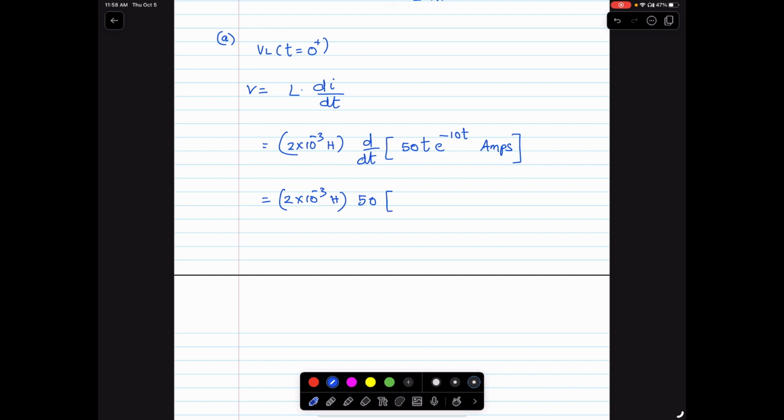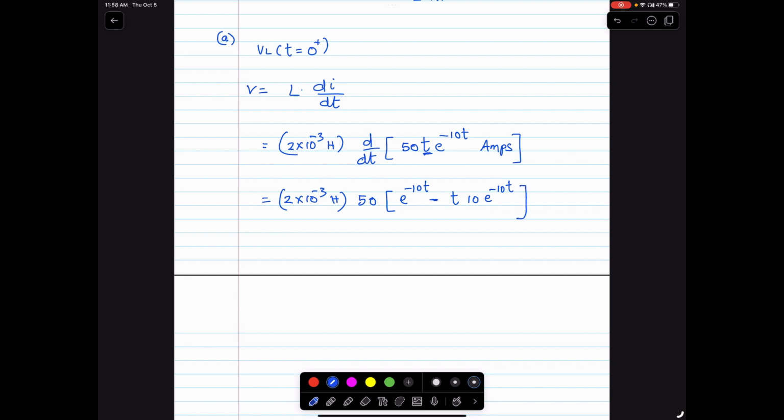By applying the chain rule, I have e to the negative 10t, that is the derivative of this term, minus t times 10 e to the negative 10t. That's the chain rule of composite functions.